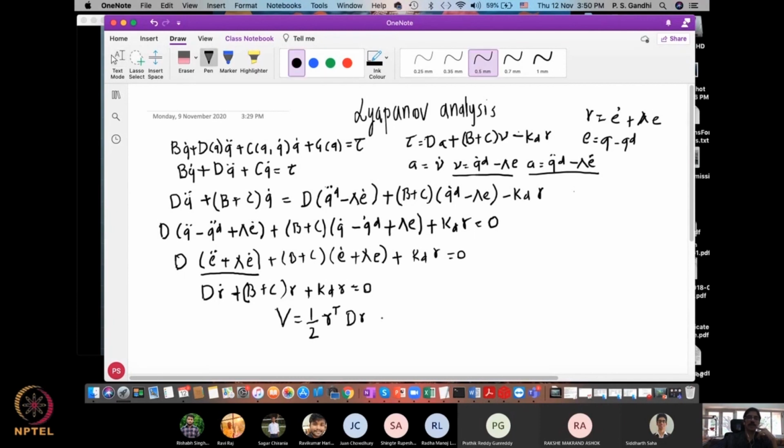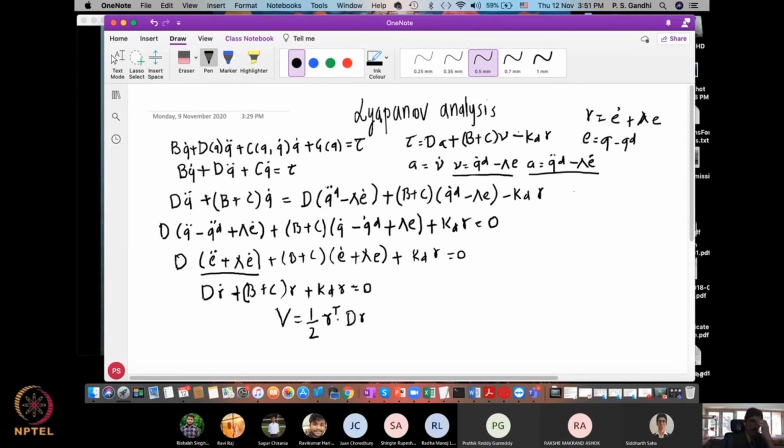If you expand this function candidate in terms of the error, one can see that it is a quadratic form in e and e dot, and that it will be positive definite, because d is a positive definite matrix.